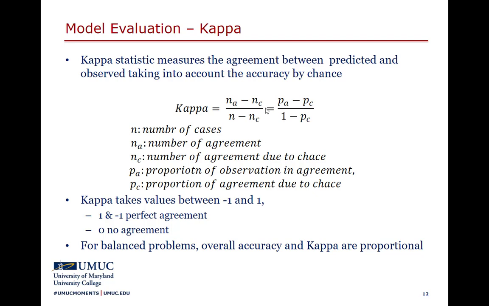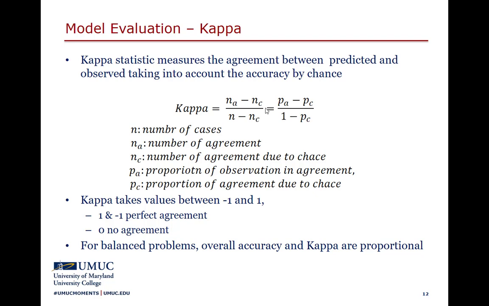It takes a value anywhere between -1 and 1. If it's 1 or -1, it's perfect agreement. -1 means a negative prediction, a correct opposite disagreement. Perfect agreement, but on the opposite side. 0 means there is no agreement, so anything that was predicted by the model was all false positive or false negative, right?